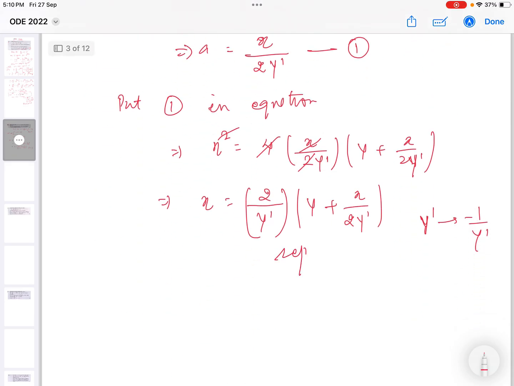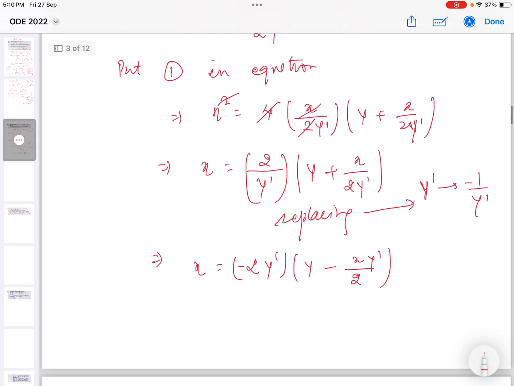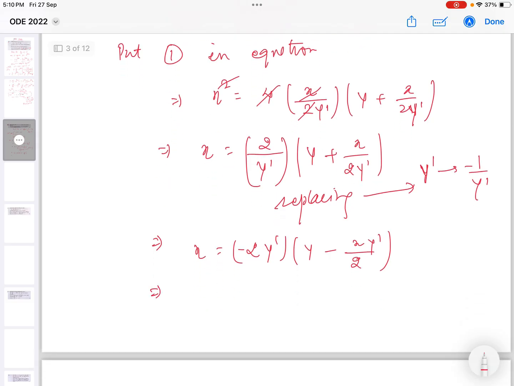So replacing y dash by minus of 1 by y dash, this becomes x equals 2 by y dash minus y plus minus of x upon. Fine, I think we are all on the right track. So let's call it 3, let's call it 2.